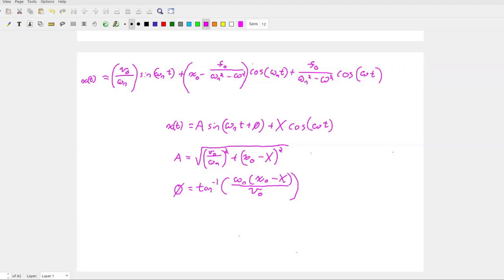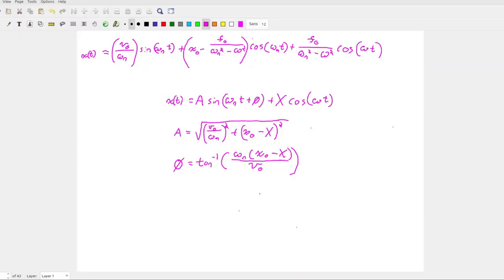And I still need to know my capital X, right? So capital X is what we had before, F naught over omega n squared minus omega squared.